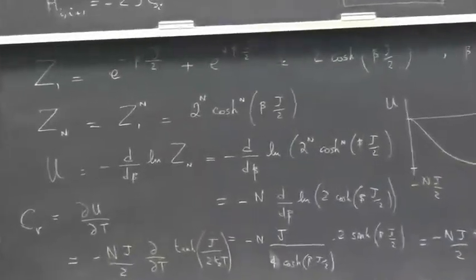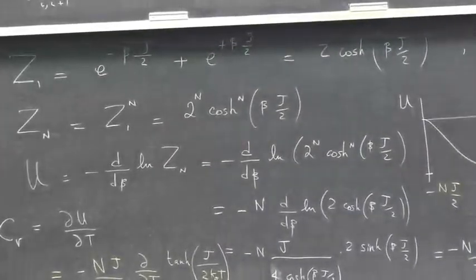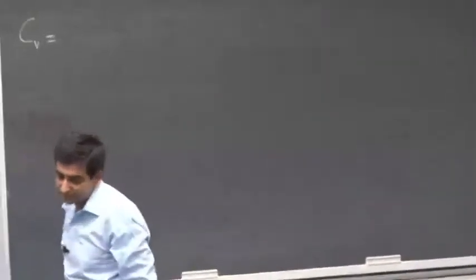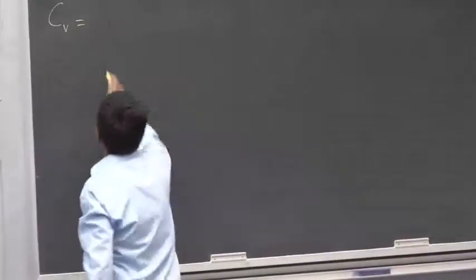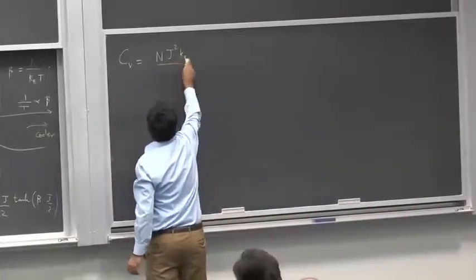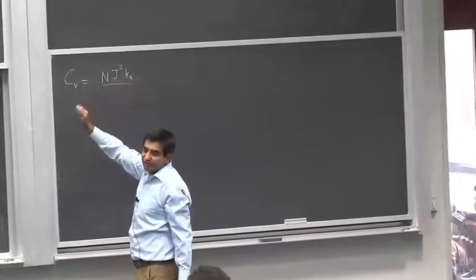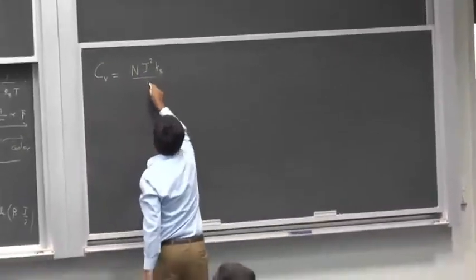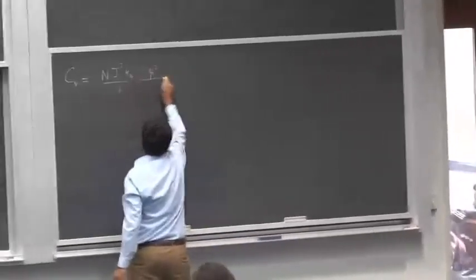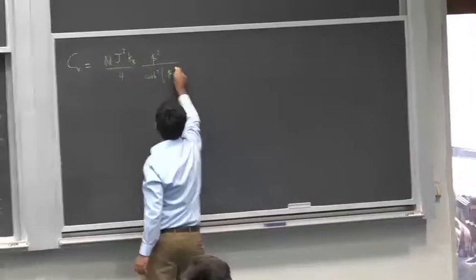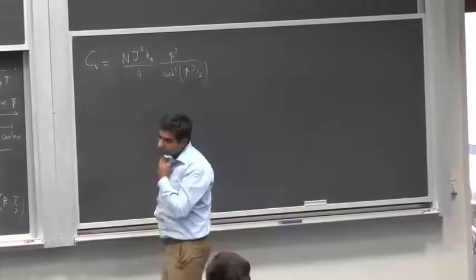The final result for the heat capacity, Cv, is n j squared kB over 4, beta squared, cosine square of beta j by 2. Remember, J is the exchange constant. It's not the angular momentum quantum number.